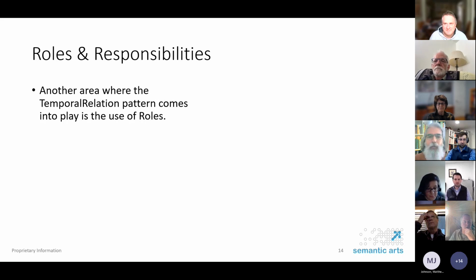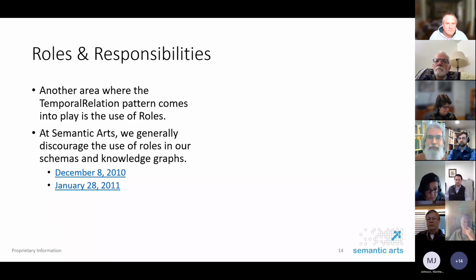But one of the places where a temporal relation can come into play is with the use of roles. Now, within semantic arts, we generally try to discourage using roles. Dave had written a blog post and a white paper, as you can see, quite a while ago, a dozen years ago. And yet, the rationale underpinning why you want to avoid roles still remains valid. So it's a thing that we approach with great caution.